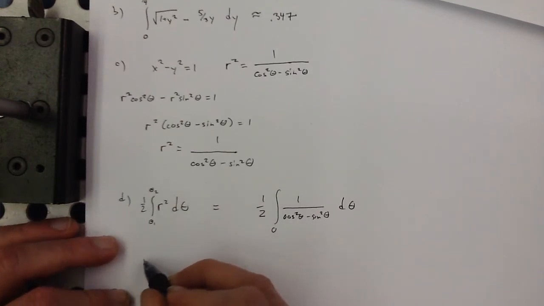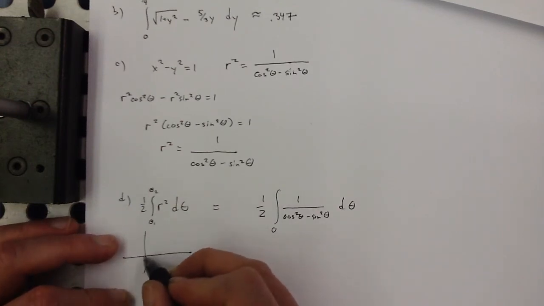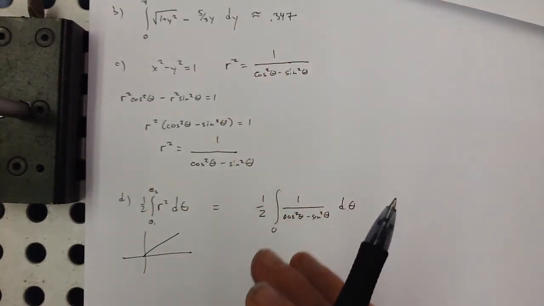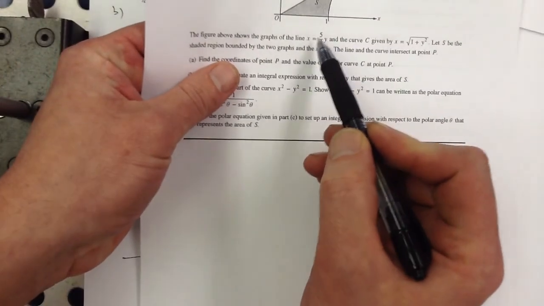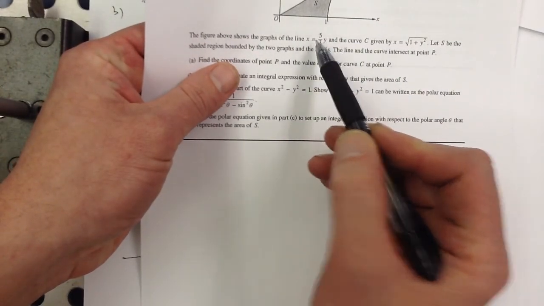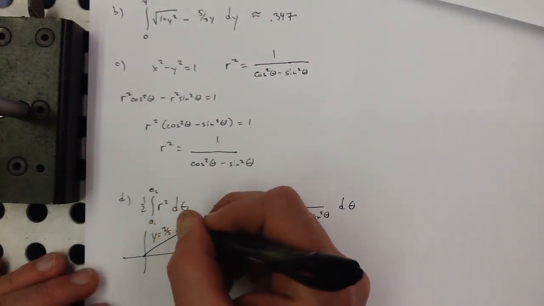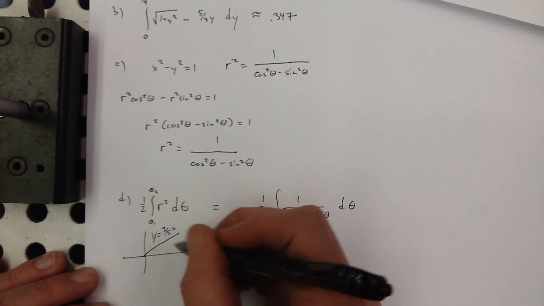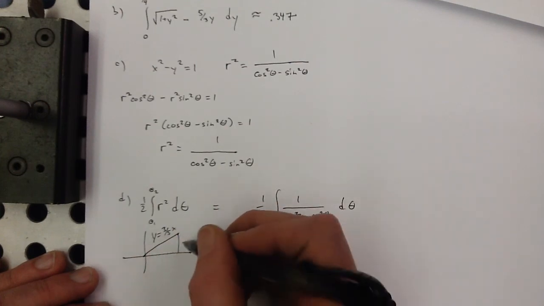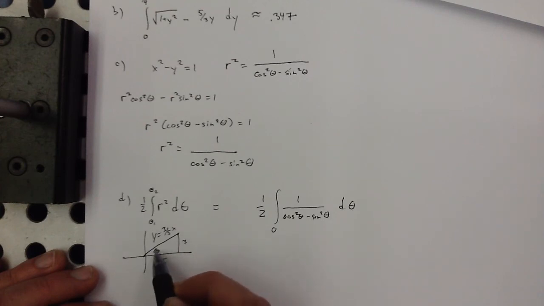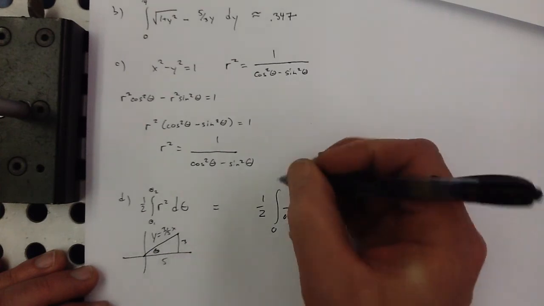Well, that angle is the angle created by the line x equals 5/3 y, or in other words, y equals 3/5 x. So that means the slope of it is 3/5, which means at any point we have a rise over run of 3/5. So what's the angle that it makes? It's the tangent inverse of 3/5.